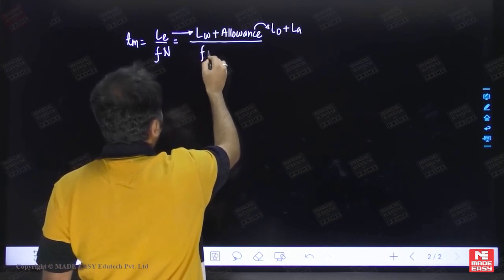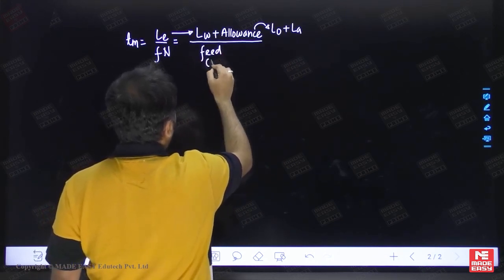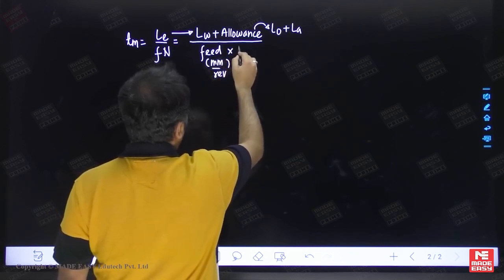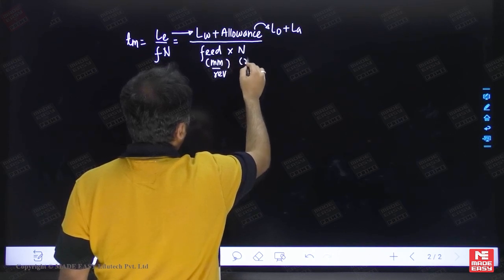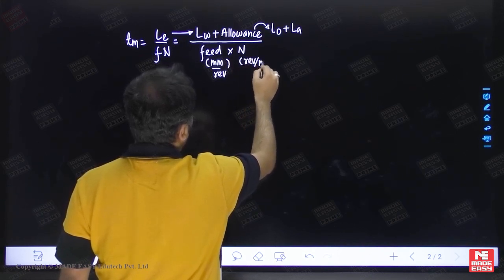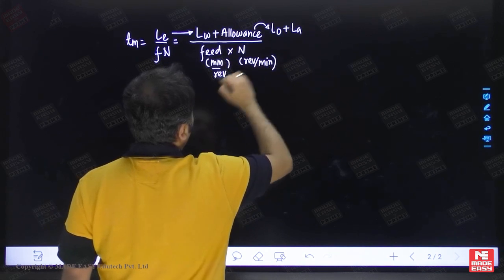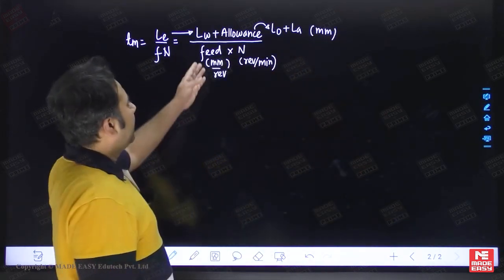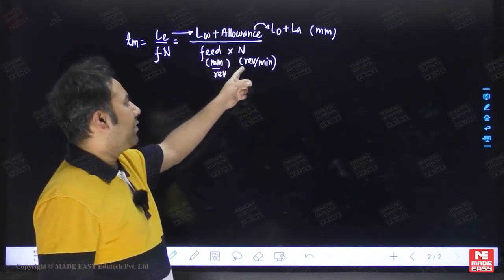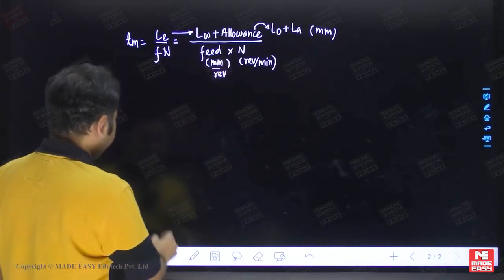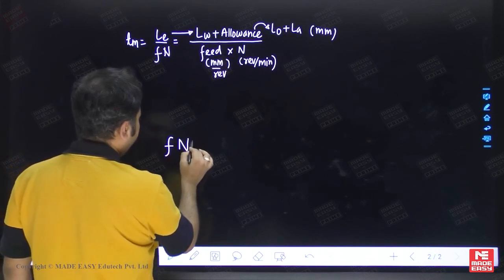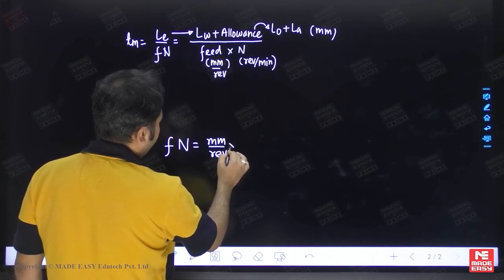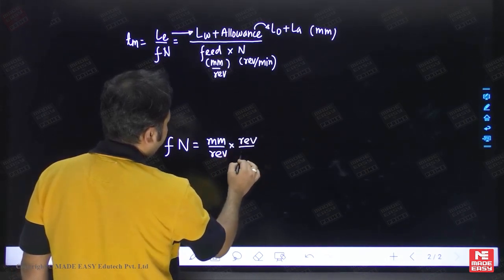Feed will be in mm per revolution, and N is the spindle speed in revolutions per minute. So the length will be in mm, the feed in mm per revolution and the RPM in revolutions per minute. If we multiply feed with RPM, we get mm per revolution multiplied by revolution per minute.